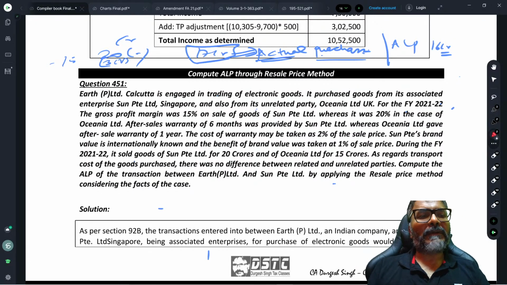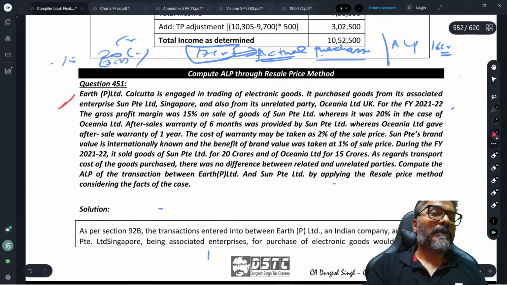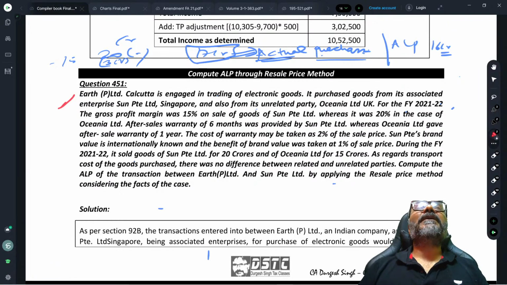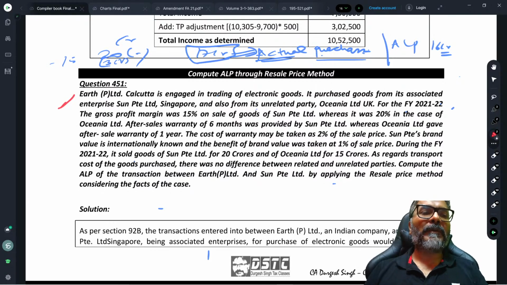One new question was targeted in the May 22 attempt. This is the other new question introduced in the ICI module, which I've captured in my compiler. So this question could be a likely question for your examination. You have to be careful about that. This question 451 is for the computation of the ALP by applying the resale price method.